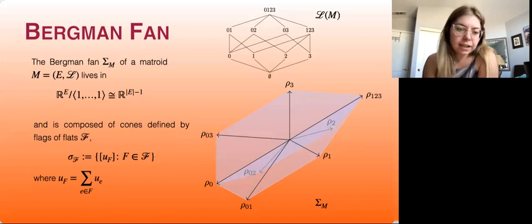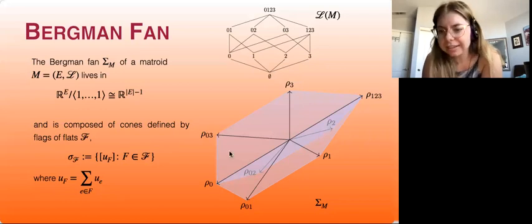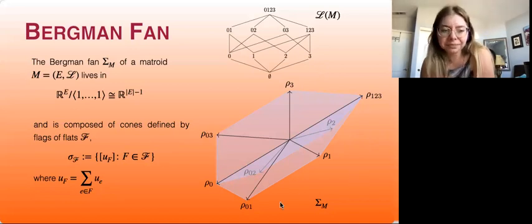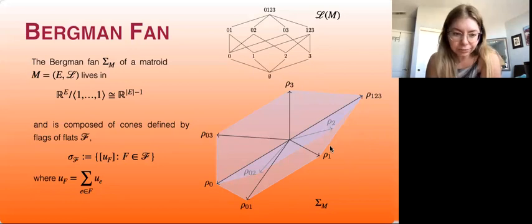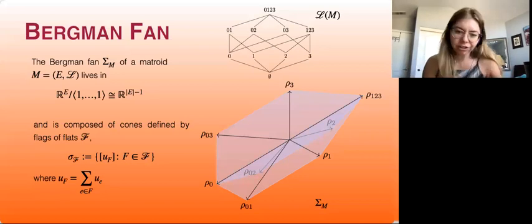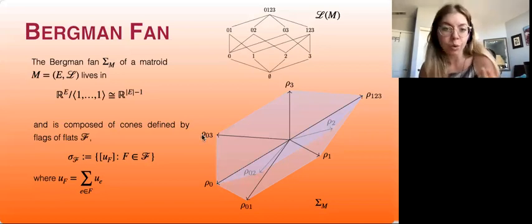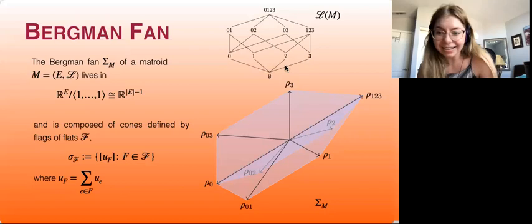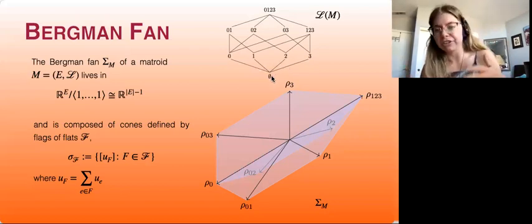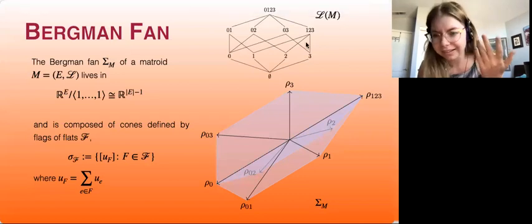So let's look at this. This fan that we've been seeing is the Bergman fan associated to this lattice of flats. It has 8 rays, and rays are one-dimensional cones, so they have to correspond to one-element flags. The empty set doesn't have a ray generator, right? It's just 0.